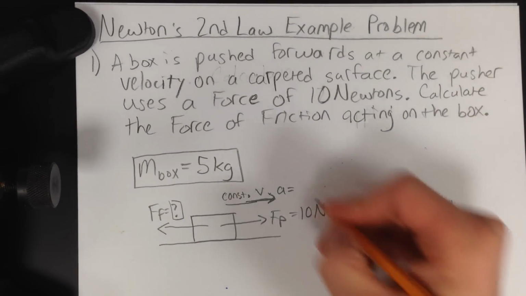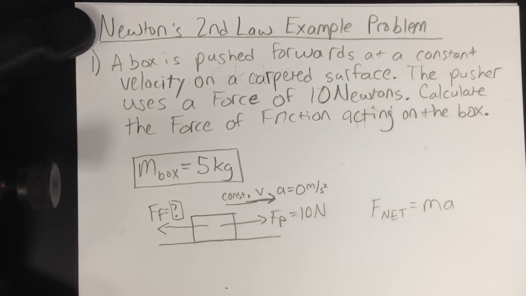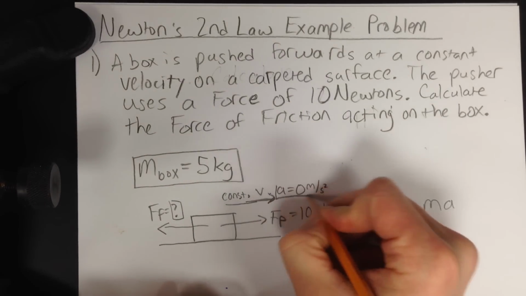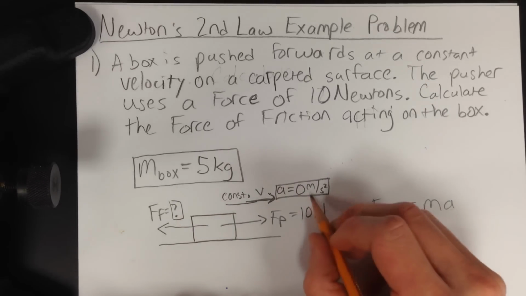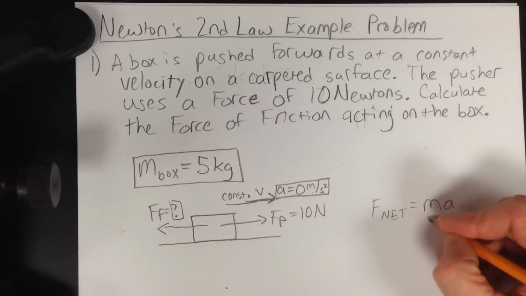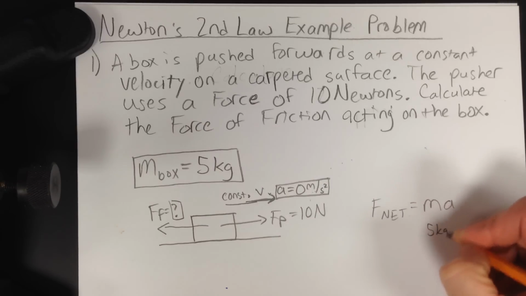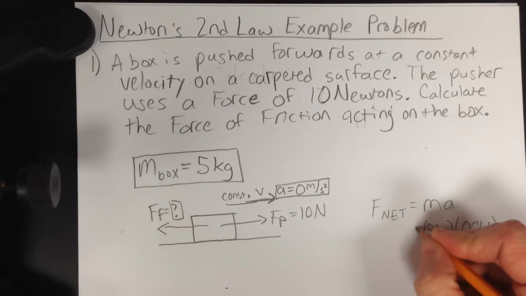You should be able to answer this. It's no acceleration, 0 meters per second squared, when an object moves at constant velocity, or stays at rest. That would be another case when it has no acceleration. So we know the mass of our box, we can plug that in, 5 kilograms. We know when it's moving at constant velocity, there's no acceleration.